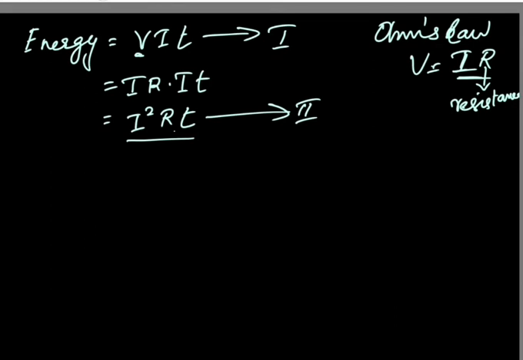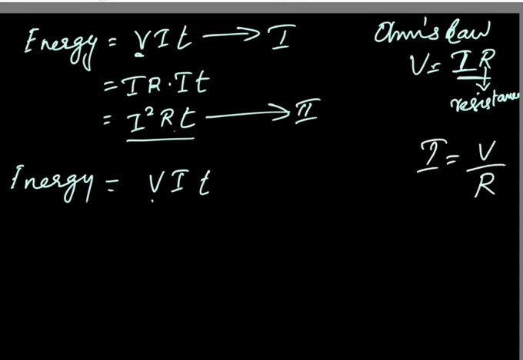resistance of the device. Now similarly, electrical energy can be written in terms of voltage and resistance. That is, we have energy, basic equation is energy is equal to VIT. Okay, and instead of current I can write V by R. So the equation can be modified as V multiplied with, instead of I, what should I write?